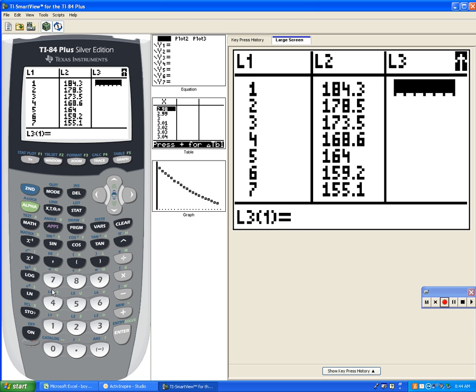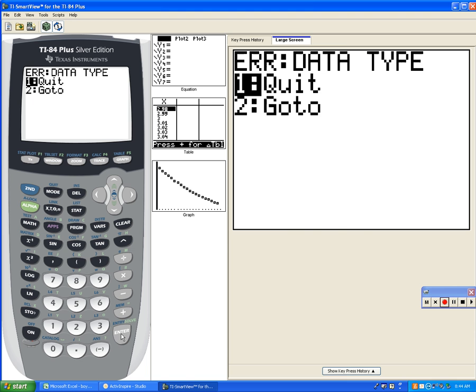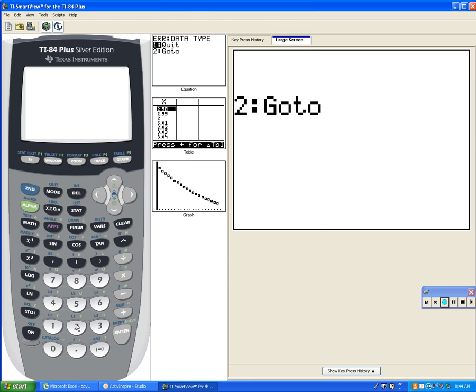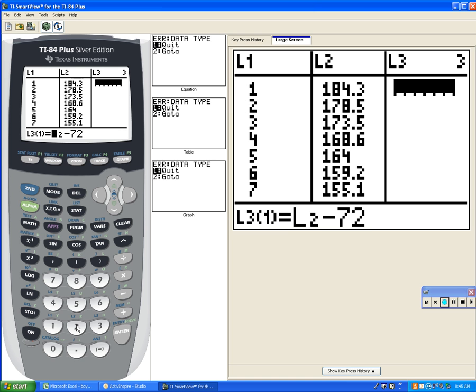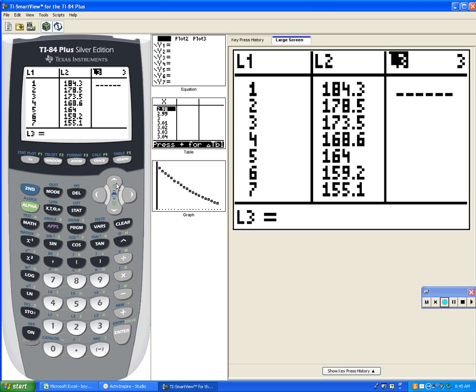Where's the L? L2 minus 72. Sometimes they start at 5. No, they start at 6. Wait, L1? Can you enter that for all of them really fast? It's not working. Probably 5.